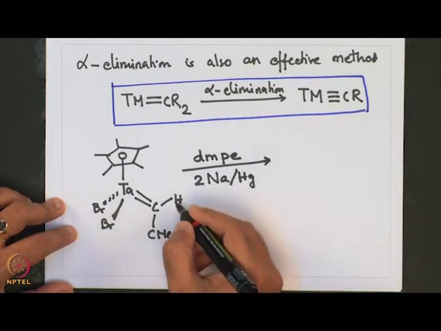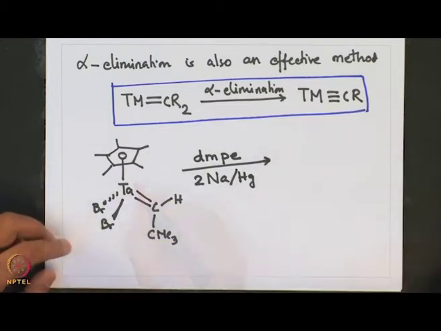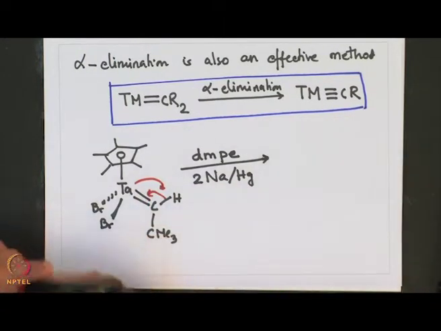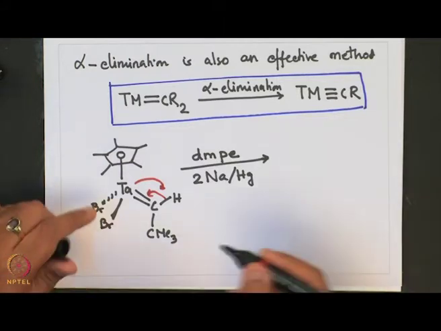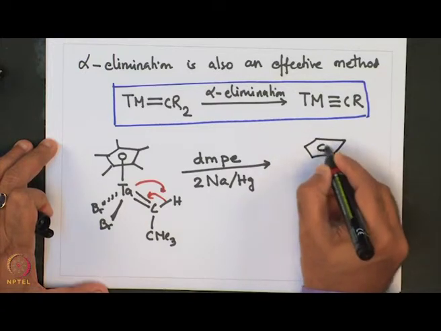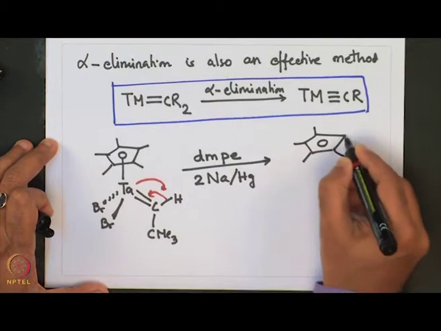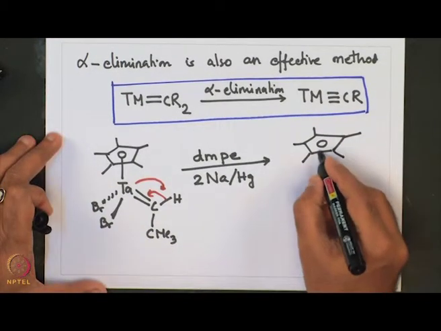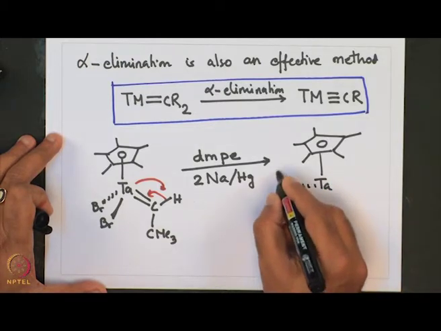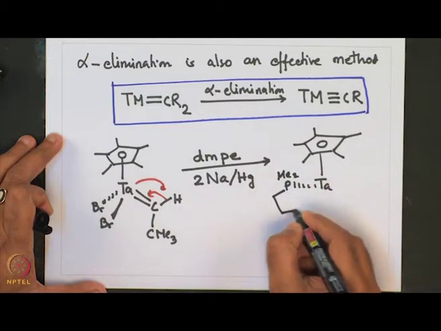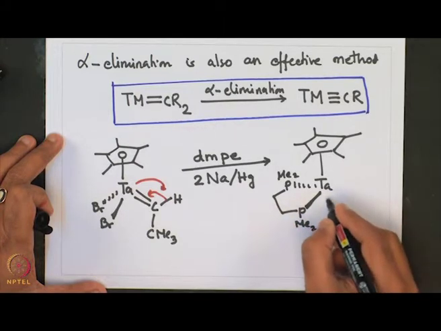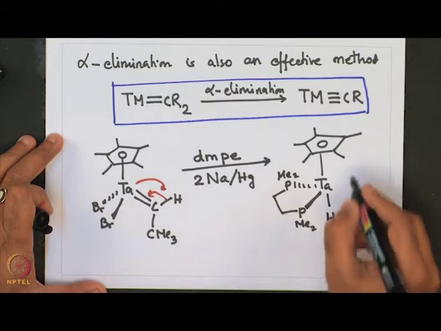Alpha elimination of this hydride happens to give this dimethylphosphinoethane carbyne complex of the Cp* ligand, which is tantalum hydride.